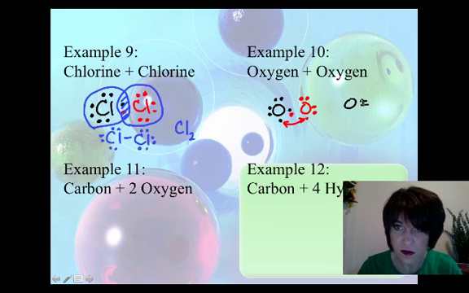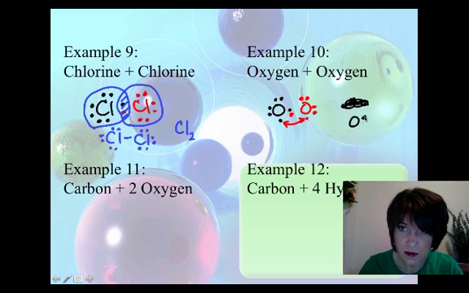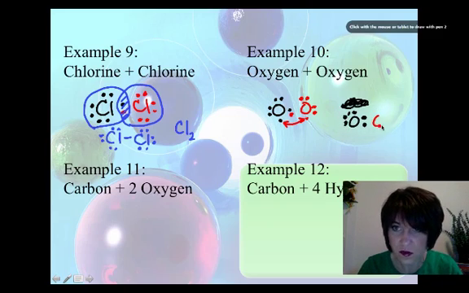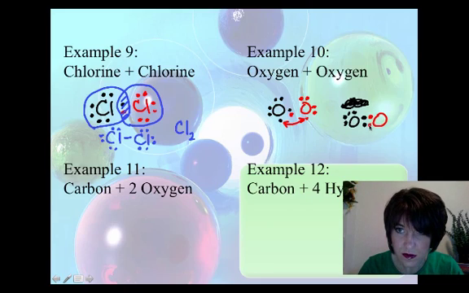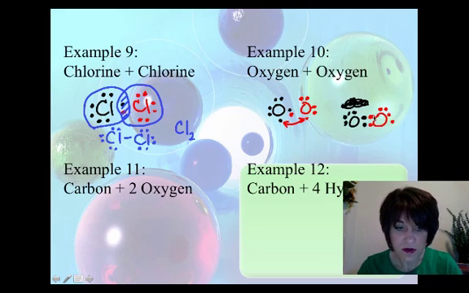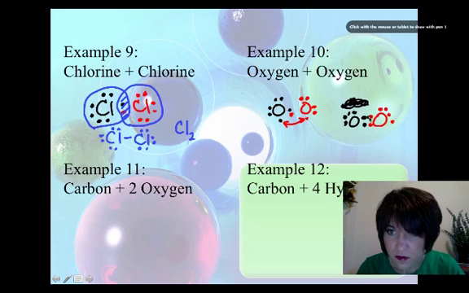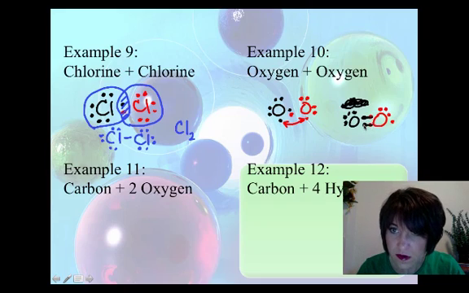Let me draw it as dots. So this oxygen brings 2 pairs and then keeps these for itself. Then this oxygen has these 2 pairs here and here, and it's going to keep some to itself. And so then what you see here is that we're sharing 2 pairs of electrons, these ones and these ones, so that every electron can have a partner.